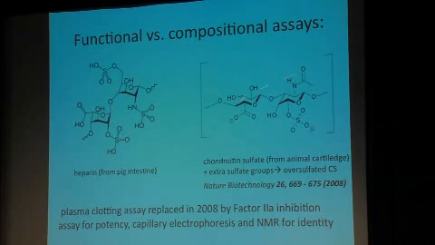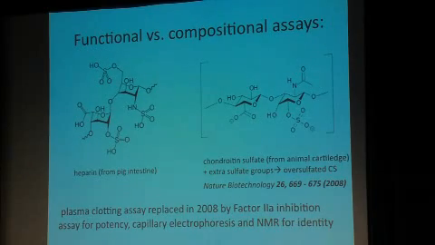This material had been added to heparin by an unscrupulous manufacturer, presumably in an effort to pass the clotting test. And so that clotting assay was replaced by some more specific assays and also by some tests for composition, NMR and capillary electrophoresis.